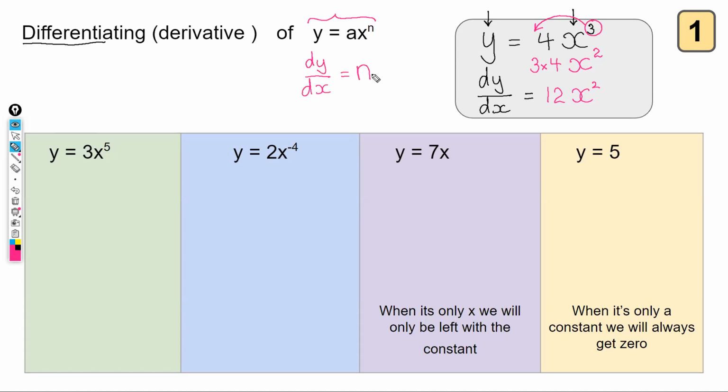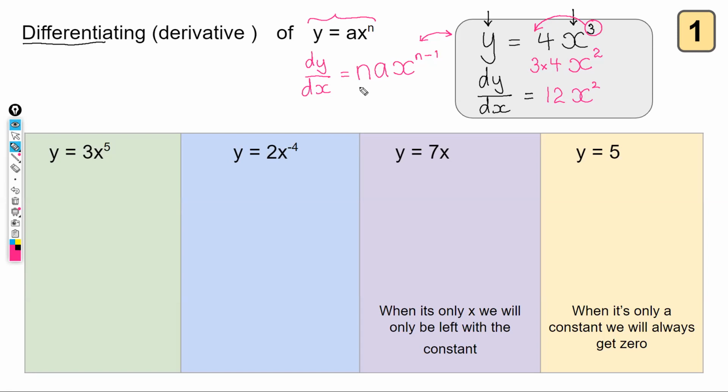So you get n times a, and then you minus 1 from the power. Everyone sees the connection between this and this. This here is an actual example, and here is a general formula to represent differentiation.